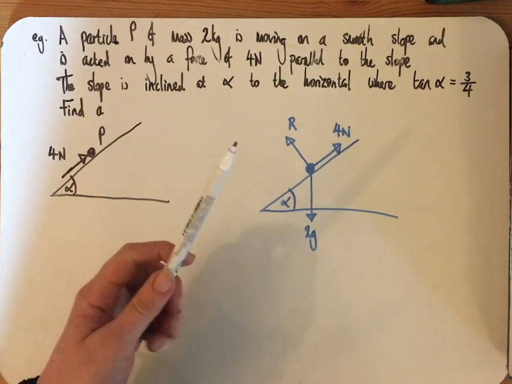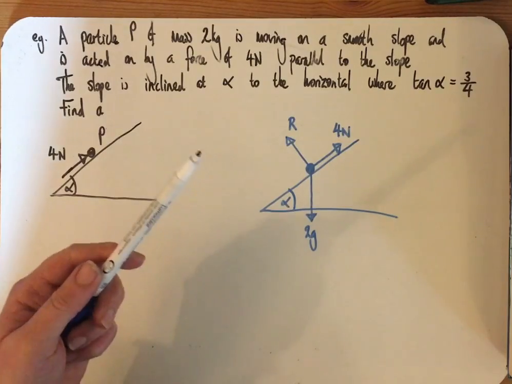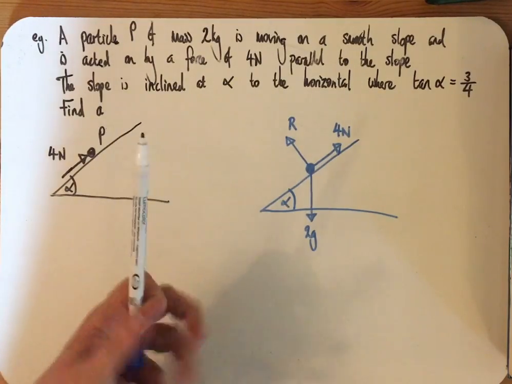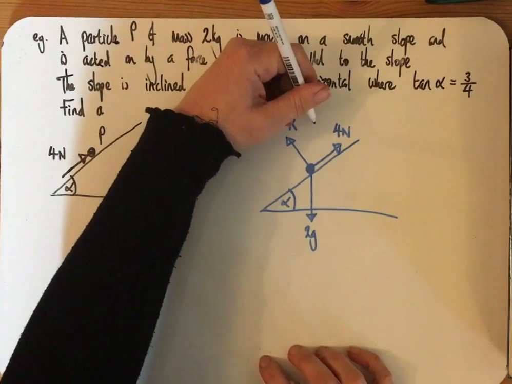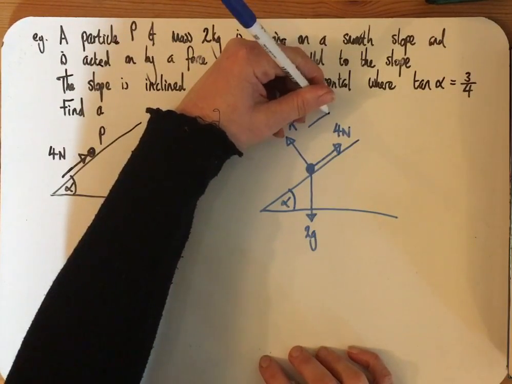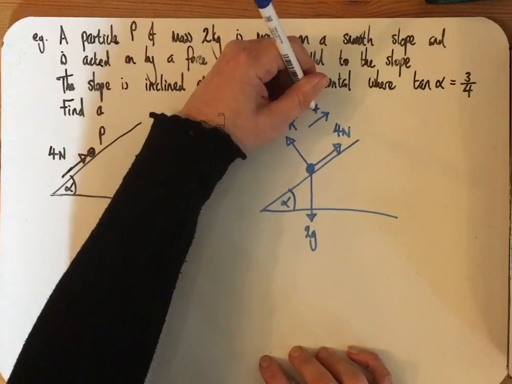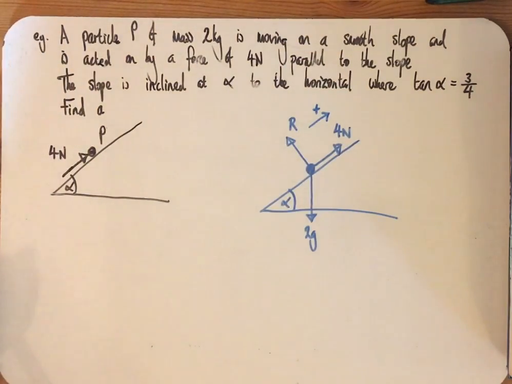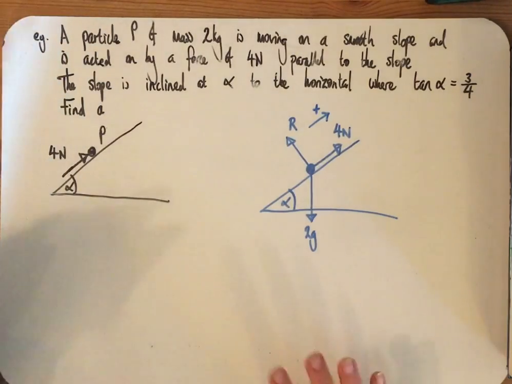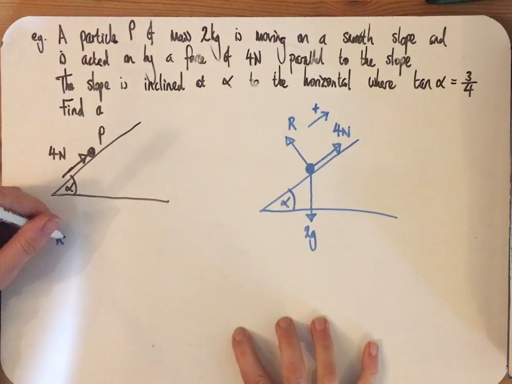So we don't know. And in that case, you just need to take your positive direction one way or another. Just be clear in your head about what you're doing. I'm going to take my positive direction as being up the slope, because it feels like it's being pushed or pulled up a slope there. And I'm going to resolve parallel.